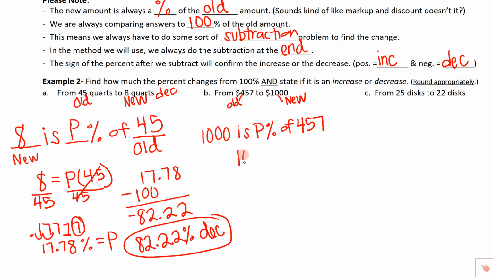Okay, set up our equation: 1,000 equals P% times 457. Now we're going to solve it, so it's being multiplied, so we divide.